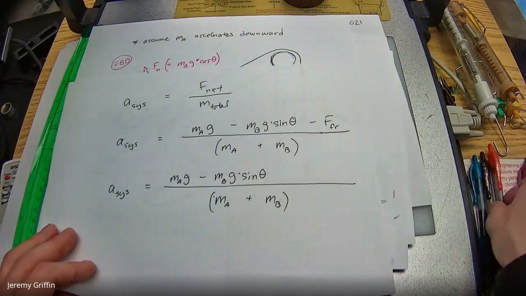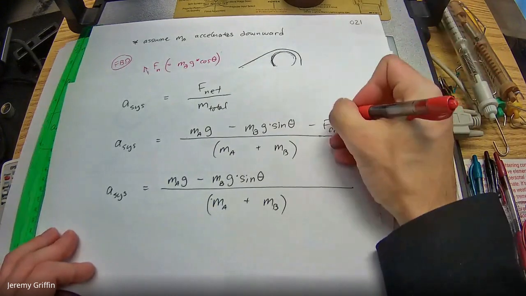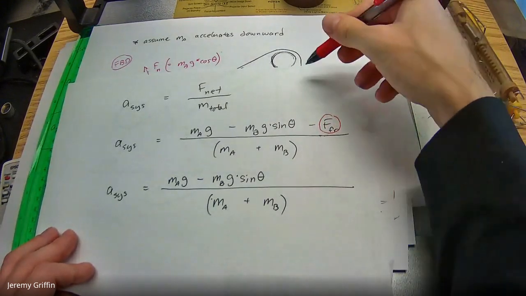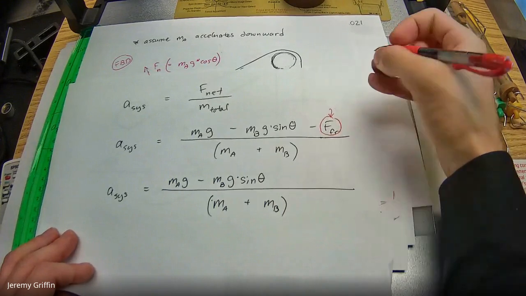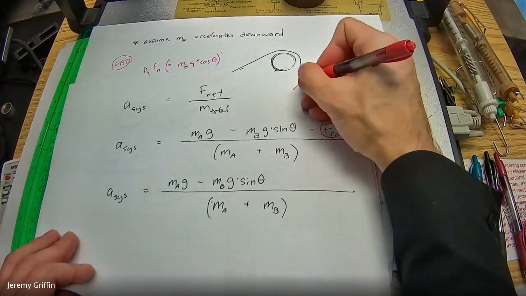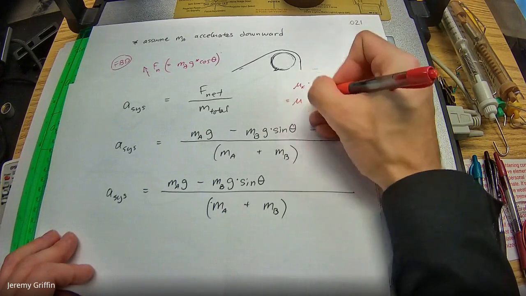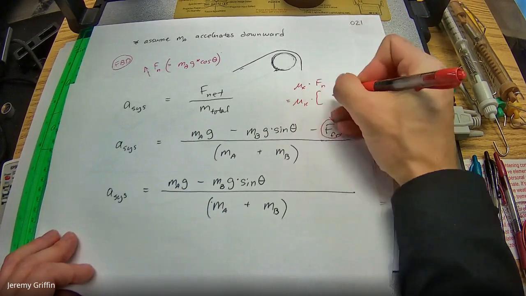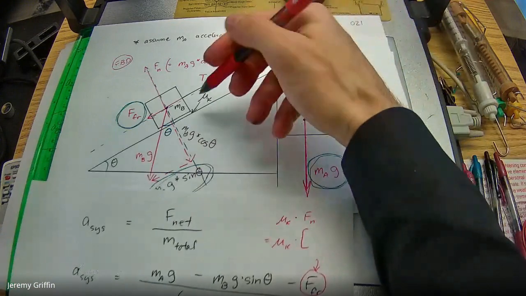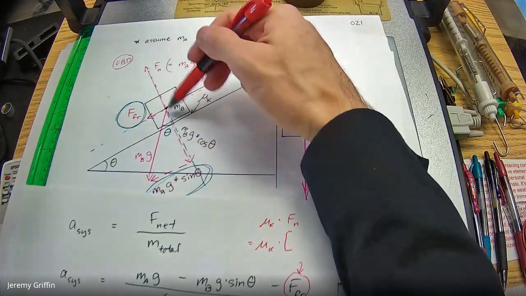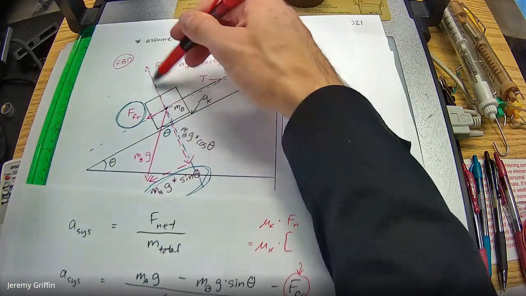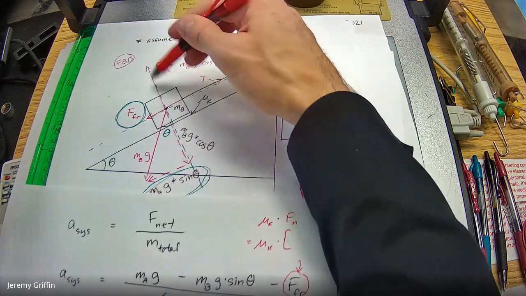can't we do a little substitution there? Maybe we'll do a substitution like this. Isn't friction force coefficient of friction times normal force? And wasn't the normal force equal to the cosine component of the weight of block B? Guys remember that? These two are equal and opposite.